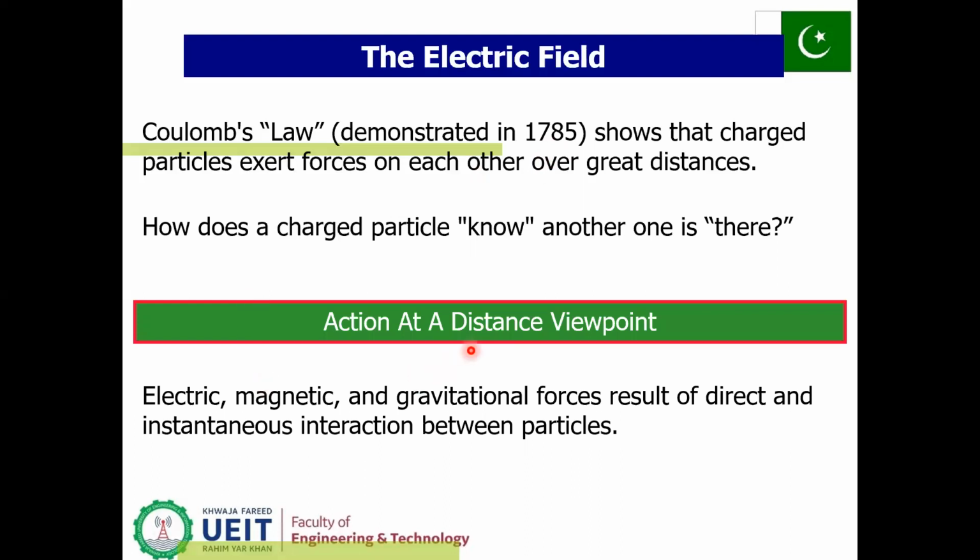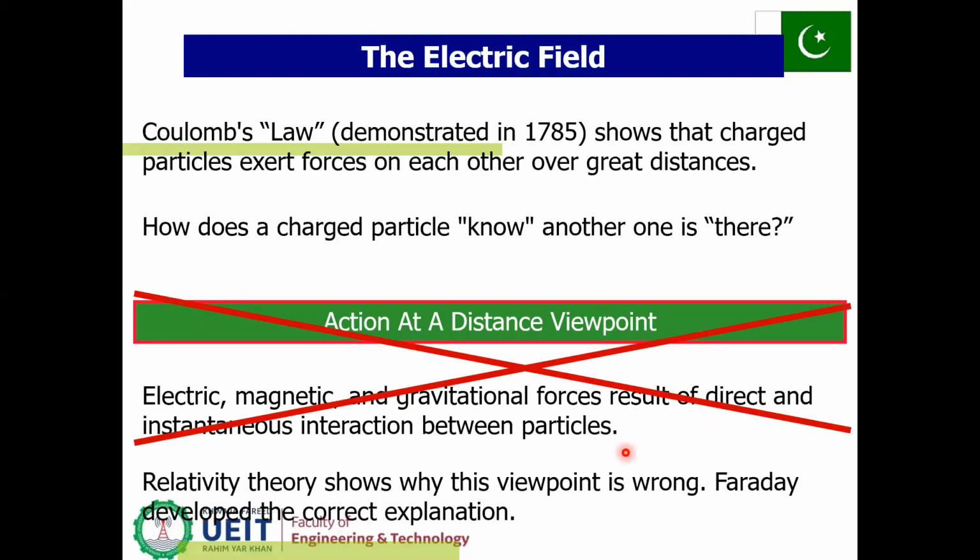Action at a distance viewpoint: electric, magnetic, and gravitational forces are the results of a direct and instantaneous interaction between particles. Relativity theory shows why this viewpoint is wrong. Faraday developed the correct explanation.